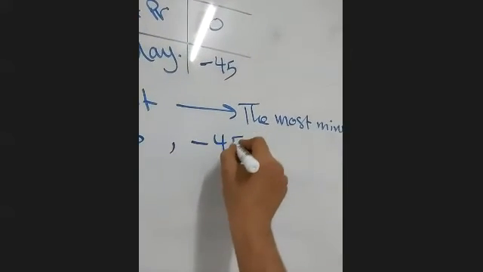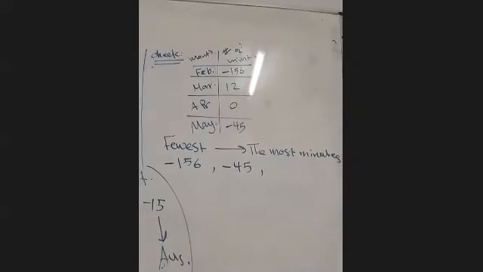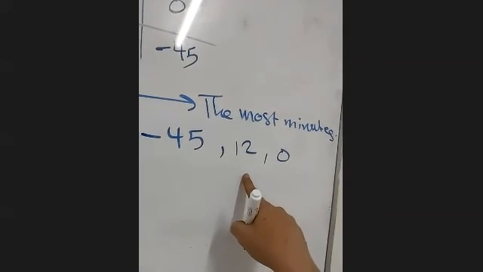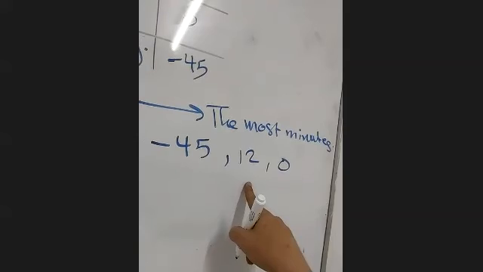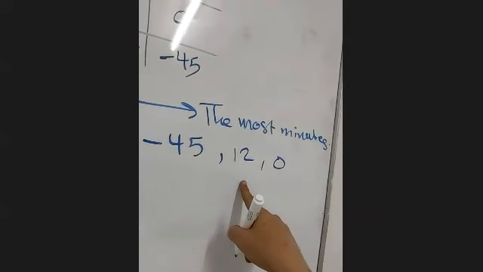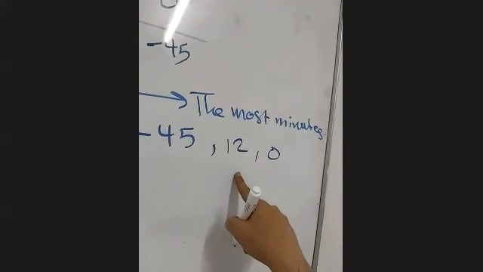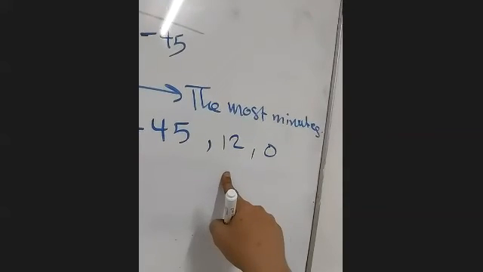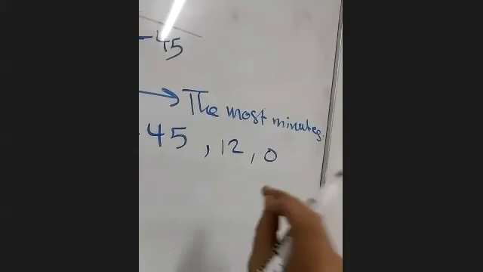What's the next one? Negative 45. Then 12. So 0 is bigger than 12, right? Talk with me.